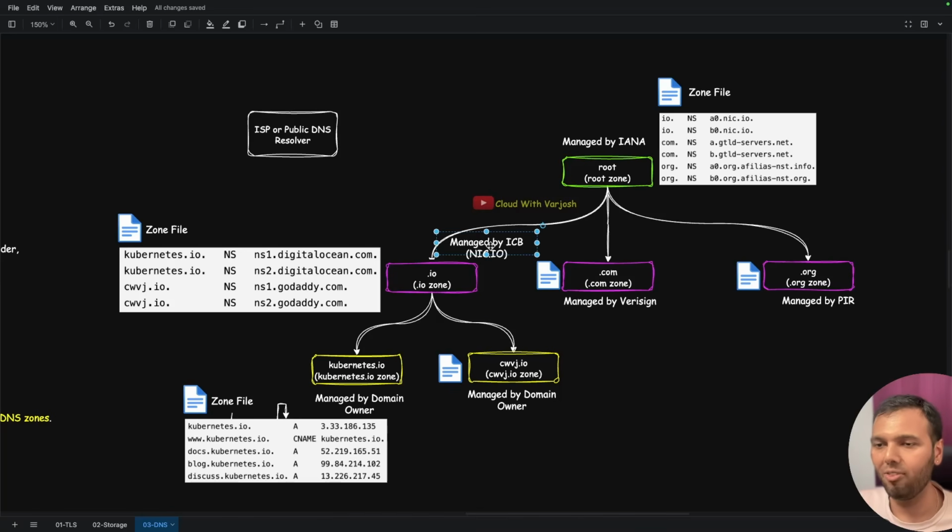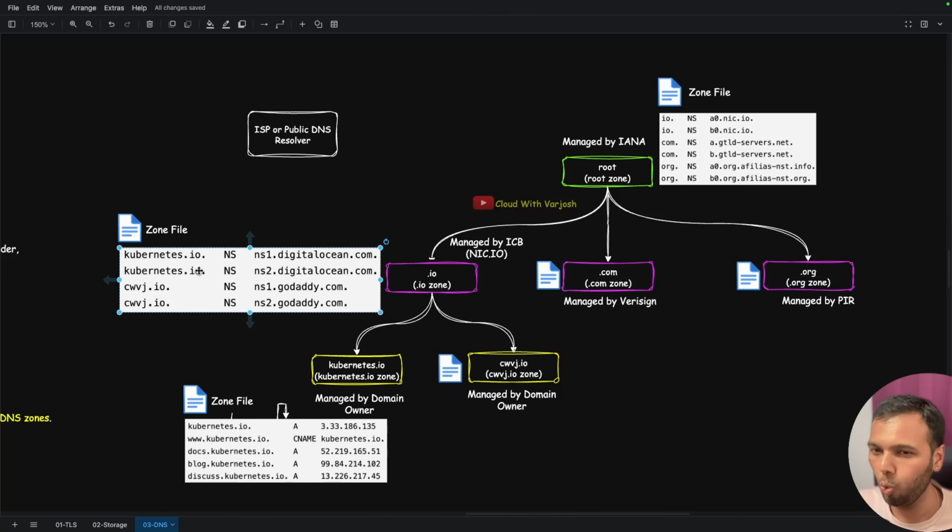Now here I have also shown who is managing these zone files. For .io, it is managed by ICB, Internet Computer Bureau, and then nic.io. This is managed by verisign.com, and then pir.org manages .org. You do not have to remember this. I have put it here so that you know there are organizations that manage these zone files.